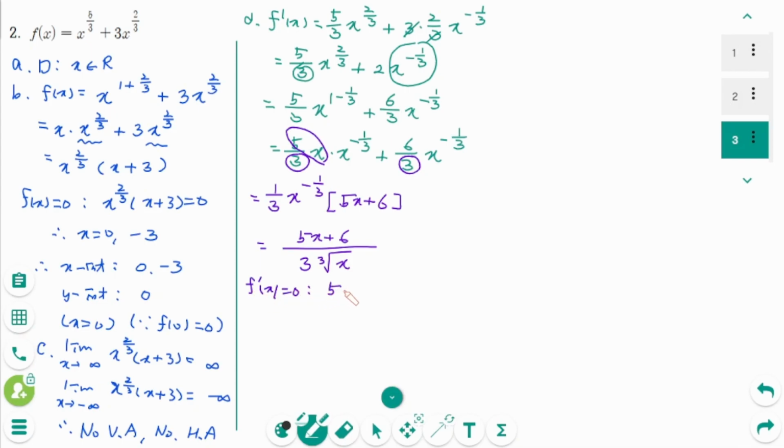That means 5x plus 6 equals 0, so x equals minus 6 over 5. f prime of x does not exist when the denominator equals 0. So these two numbers are critical numbers.